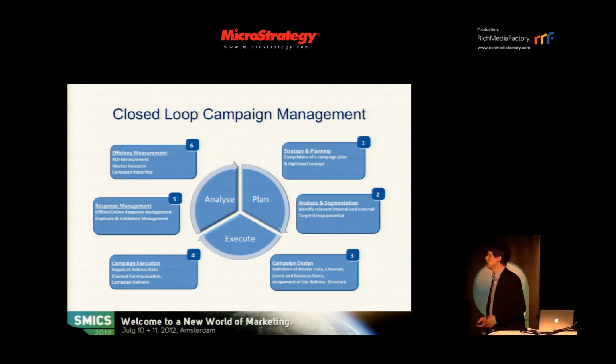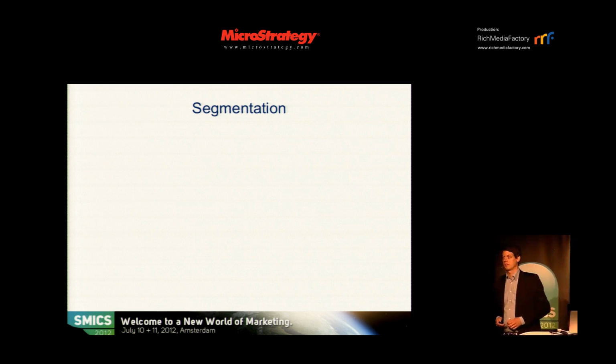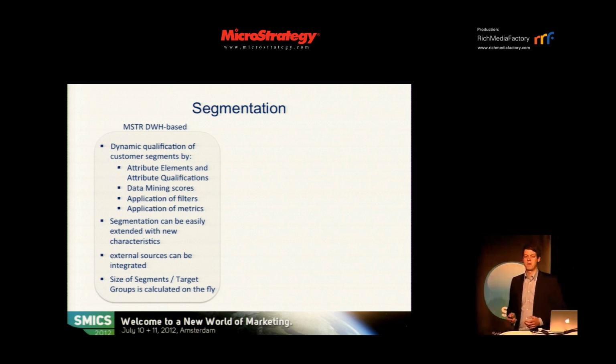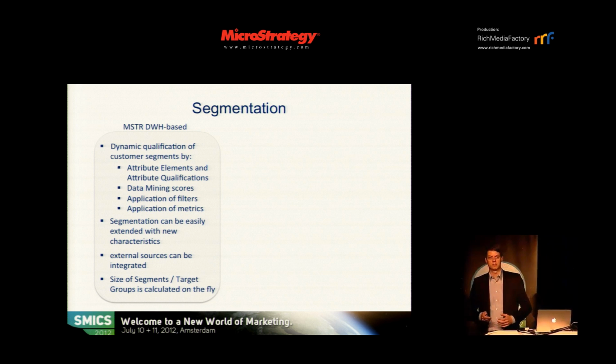These are the segmentation, first of all. In classic campaign management, you have your data warehouse where you have all your customer CRM data. You maybe have your buying data. You have some scores from data mining, maybe churn probability or something like that.